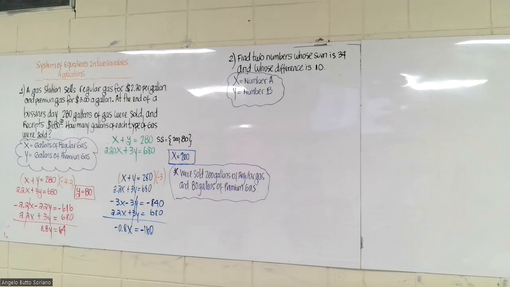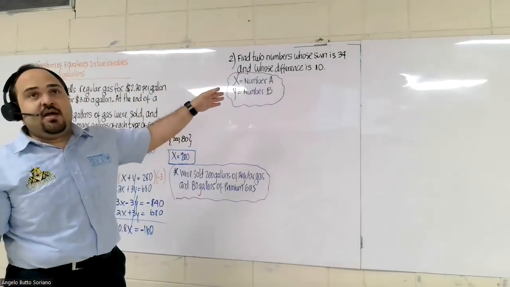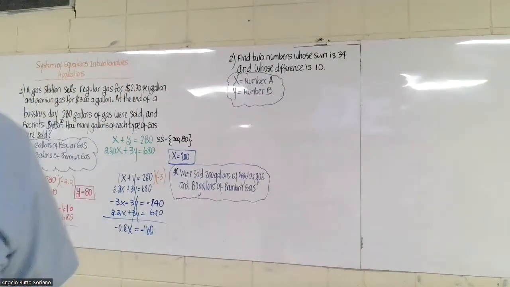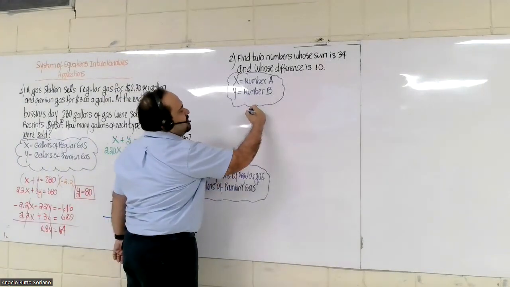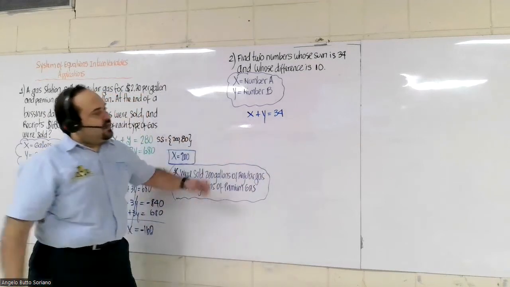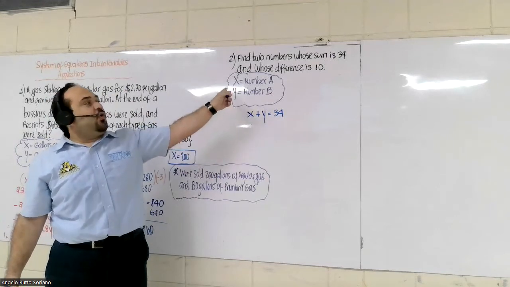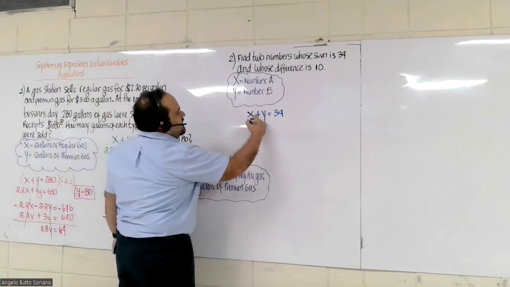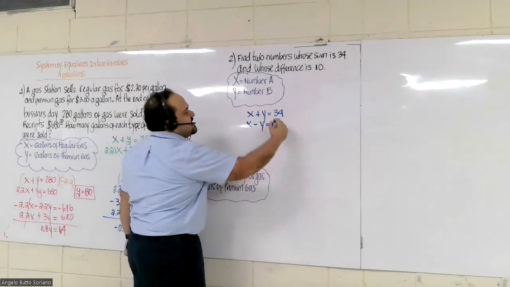We don't know what the numbers are, so the numbers will be provided by x and y. So x plus y will be equal to 34 because their addition equals 34. And the second equation, whose difference: x minus y will be equal to 10.